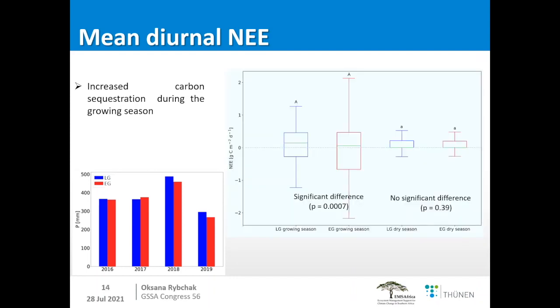As we can see, the net ecosystem exchange in the growing season is statistically different between the sites, while in the dry season no statistical difference was found. So the difference between sites occurred during the growing season, while during the dry seasons our ecosystems acted similarly.